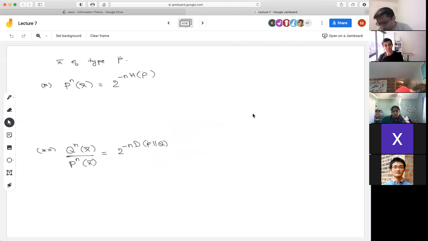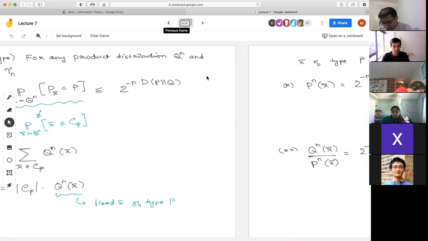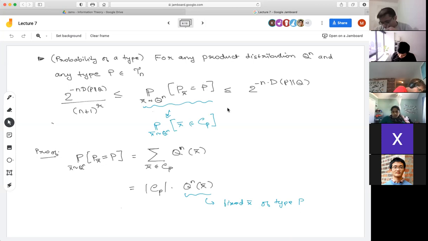Now, we'll compute it in two steps. Let me write it out on the previous page first.